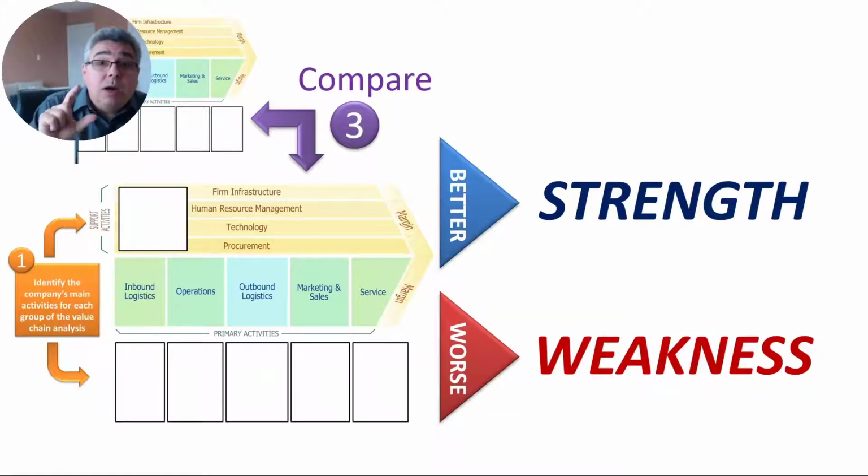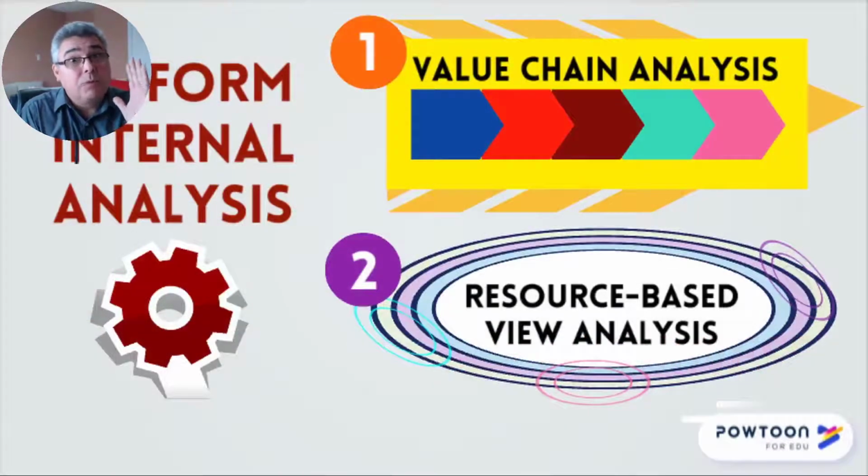Those are the two areas of the SWOT analysis, the S and W in the SWOT diagram. Okay? That's very important to understand, that process from using the value chain to get to the S and W of the SWOT analysis.